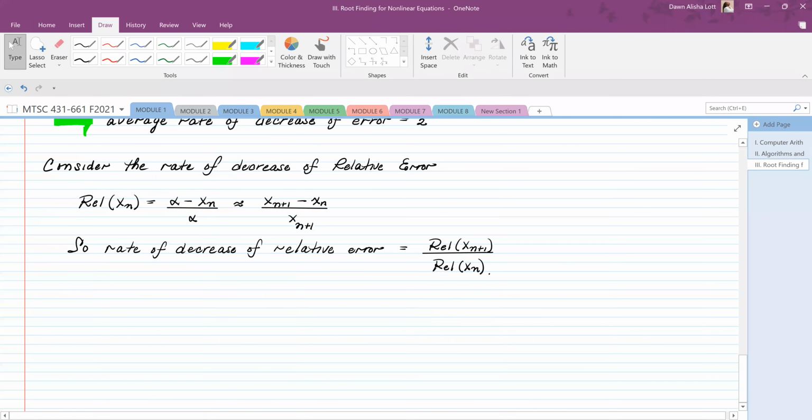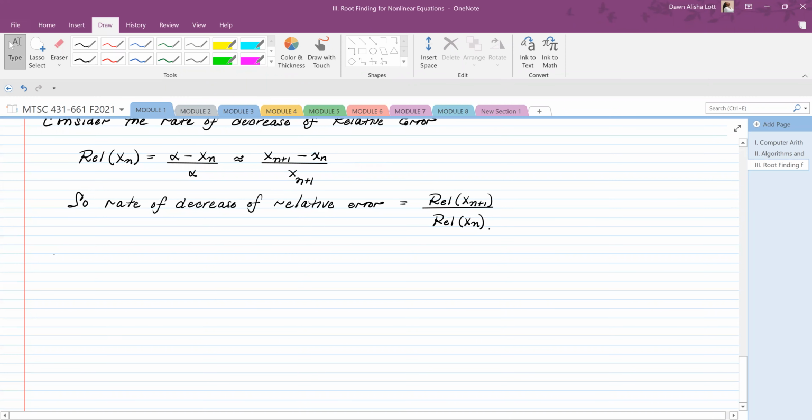So now let's look into the advantages of this method. Okay, so the number one advantage is it is guaranteed to converge because of the intermediate value theorem.